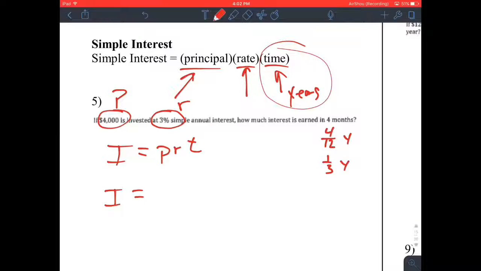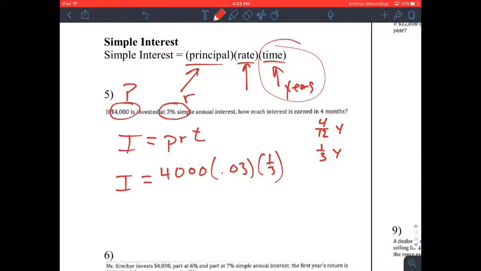So I equals 4,000 times 0.03 times the time of 1/3. And if you put that in your calculator, you're going to get $40. How much interest is earned? $40 is earned. Done.